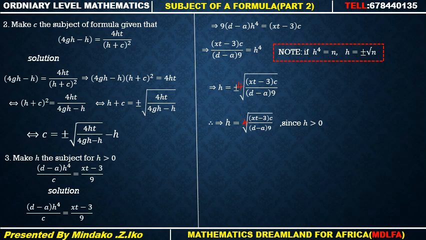For h to be less than 0, h would be negative. But the equation said h greater than 0, which means I'm going to neglect the negative sign, so I would just take the positive sign, and therefore h should be equal to the fourth root of all this since h is greater than 0. Okay, so that is it.